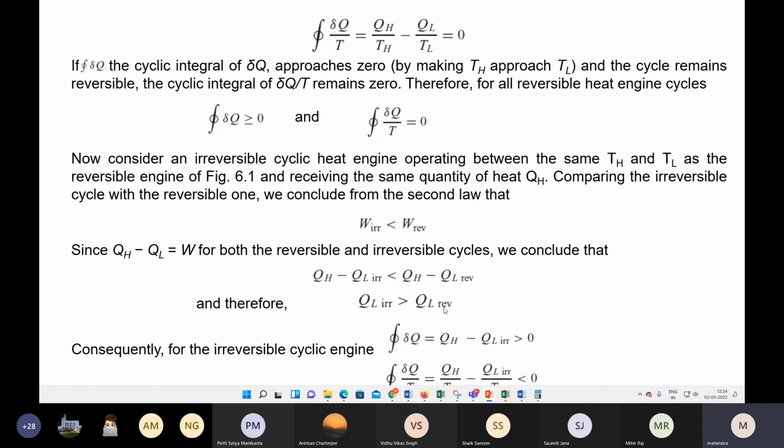So that way, what we have proven over here is that the integral of dQ by T is less than 0 in case of irreversible. Then what we have proven so far: dQ is greater than or equal to 0, and dQ by T is less than or equal to 0. This we have proven for a heat engine.